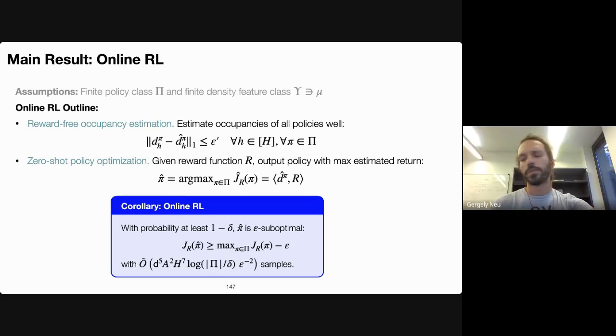So here's another thought. Maybe it's not a different thought. Maybe it's again the same as what you're describing from this different perspective. You just take all policies, or maybe a bunch of policies, do a bunch of rollouts, right? And then use some kind of structure of the occupancies to estimate the values of all policies simultaneously.